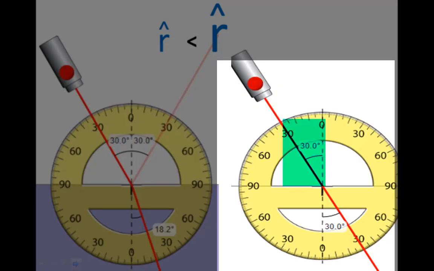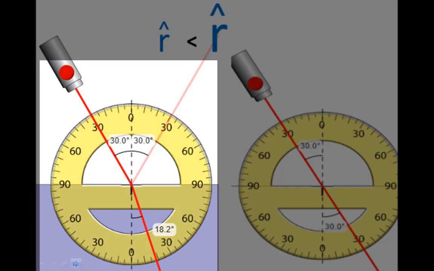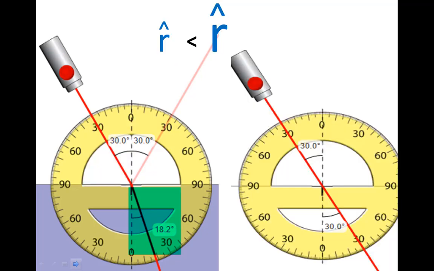On the right, the angle of incidence and angle of refraction are the same as one another. It happens to be 30 degrees here. Whereas on the left, the angle of refraction is smaller than the angle of incidence because there has been bending occurring. And the angle of refraction here is 18,2 degrees. Obviously, 18,2 degrees is a smaller number than 30 degrees. But in the case of the 18,2, there has been bending.